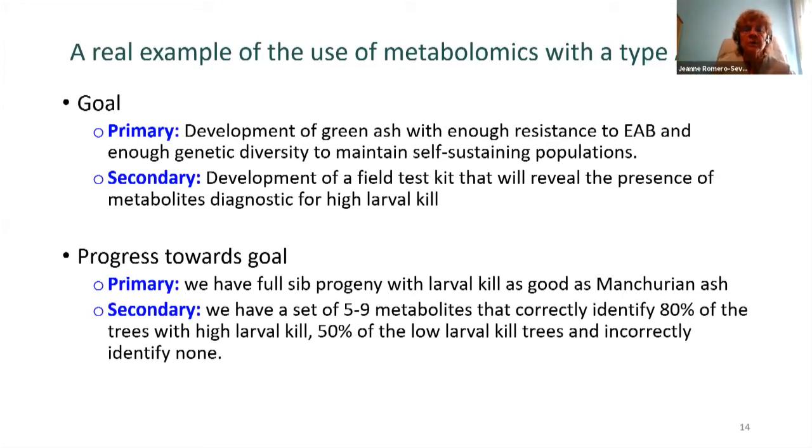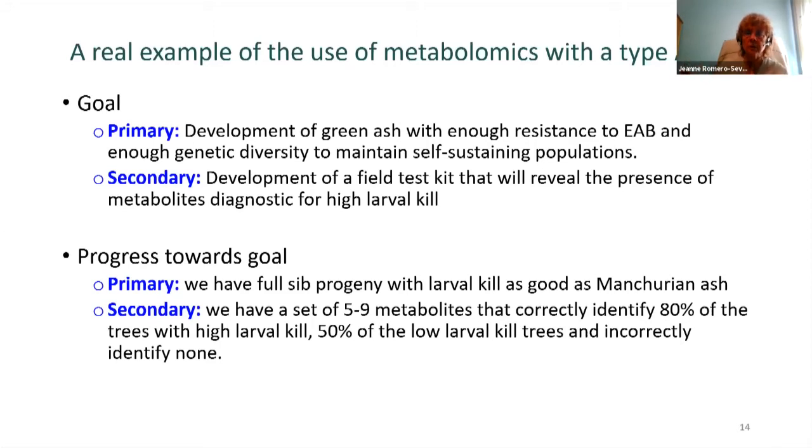So our primary goal is to develop green ash with enough resistance to EAB, to maintain genetic diversity, self-sustaining populations, and so on. Our secondary goal is development of a field test kit that could tell us which of those trees in the forest that are still alive after EAB comes through, which of them are actually killing the larvae.